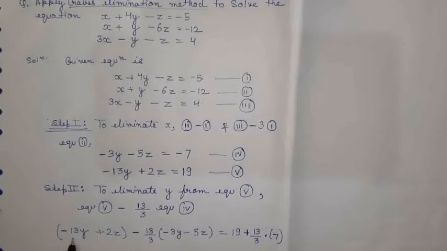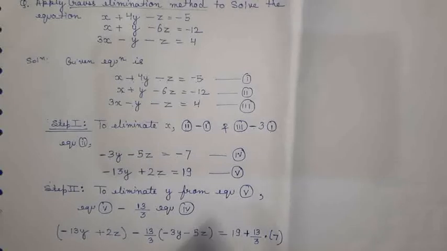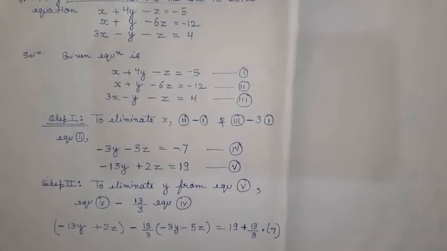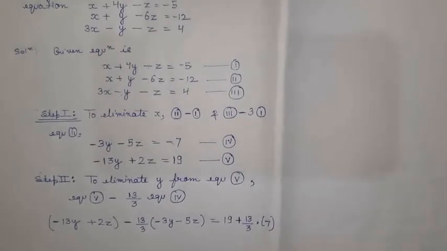Understand what I have written? This is equation 5 minus 13 by 3 equation 4. Here minus and minus will become plus, and 13 by 3 into 7.